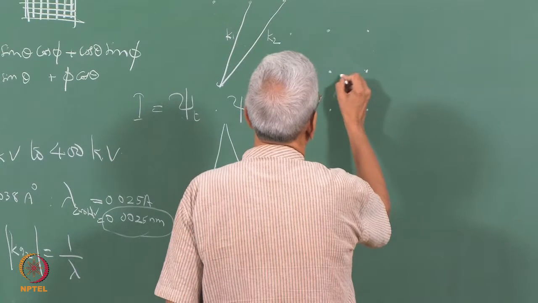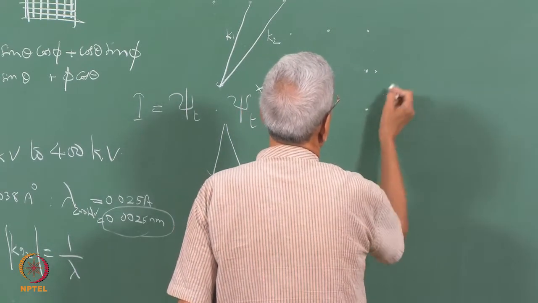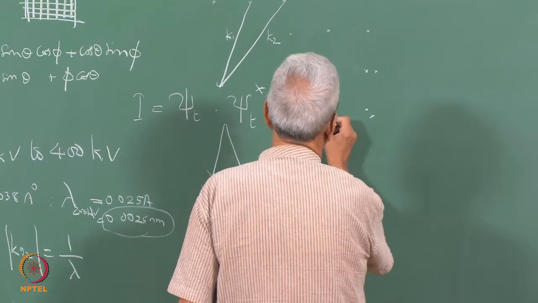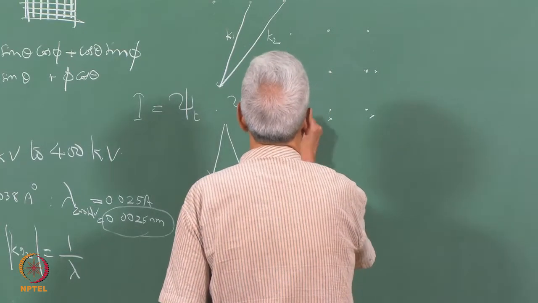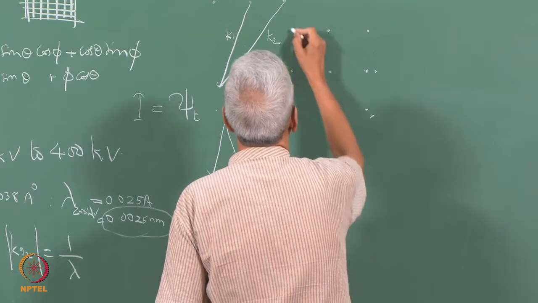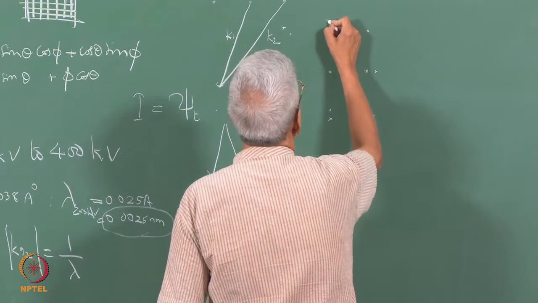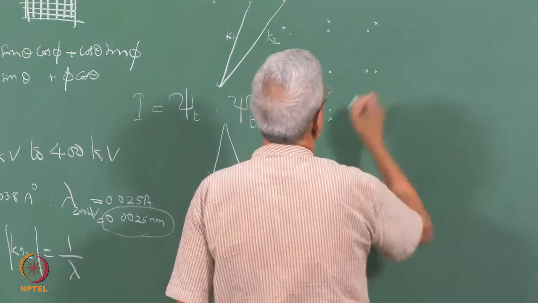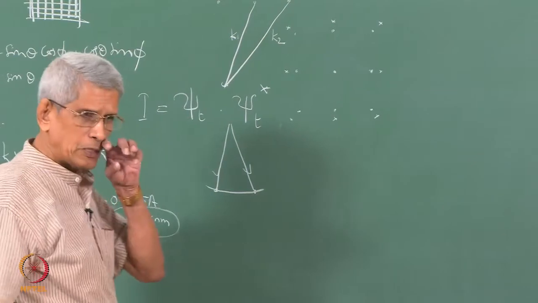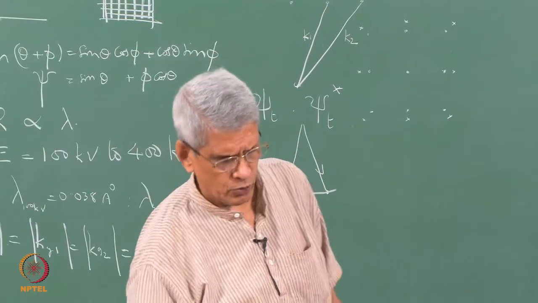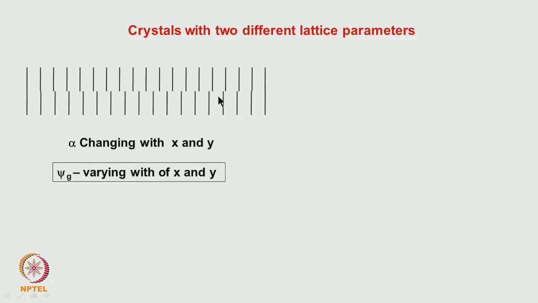Okay. The other one, what will happen is that it will give rise to a diffraction pattern. So, this is the sort of diffraction pattern we get, corresponding to the top and the bottom. Okay.